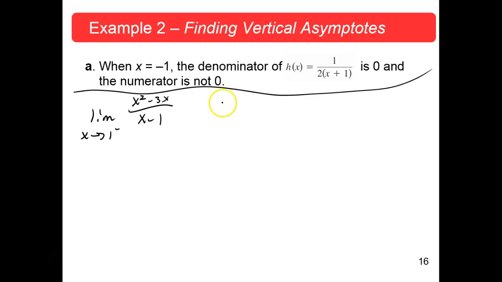And they also want us to find the limit as x approaches 1 from the positive side of the same thing, x squared minus 3x over x minus 1. All right.